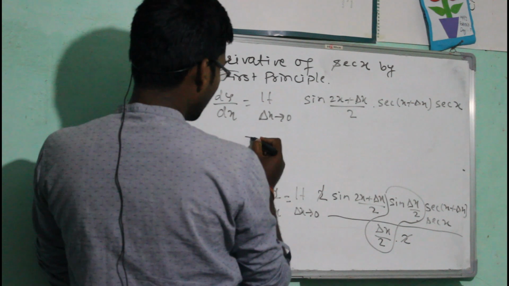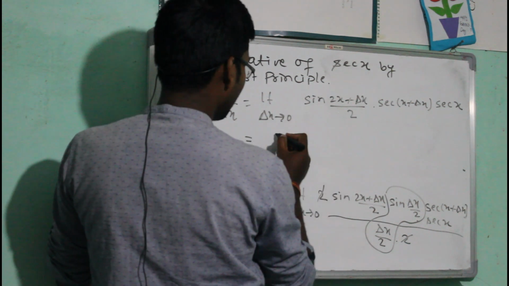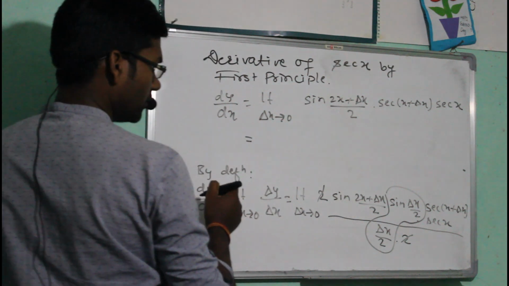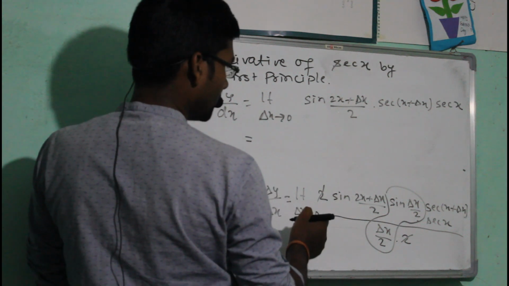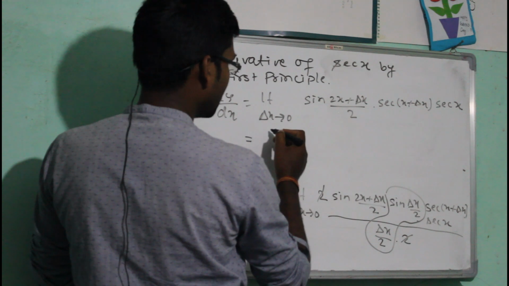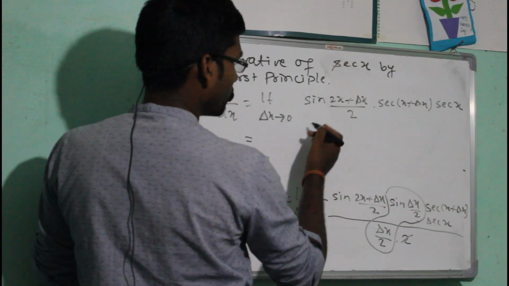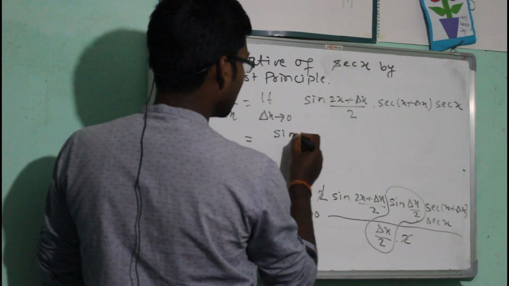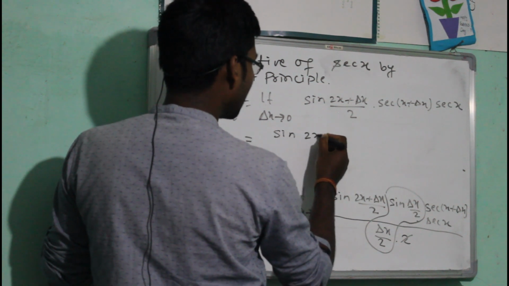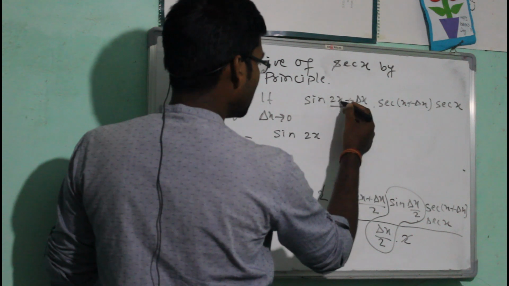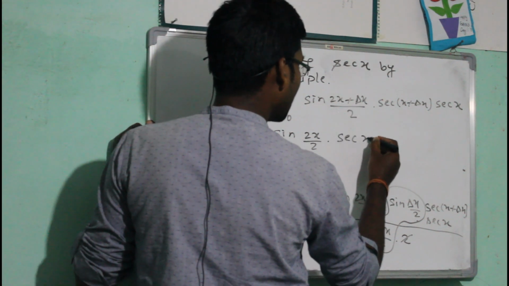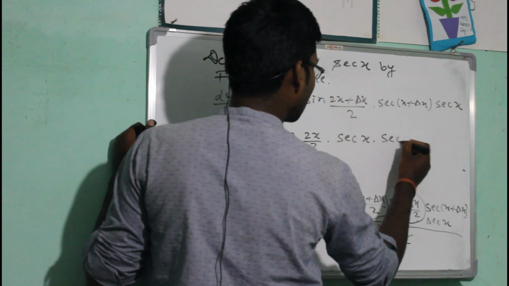Now if we put delta x as 0, we'll be getting this is 1, so what we are getting is sine of 2x by 2, this is 0, then sec x and sec x.